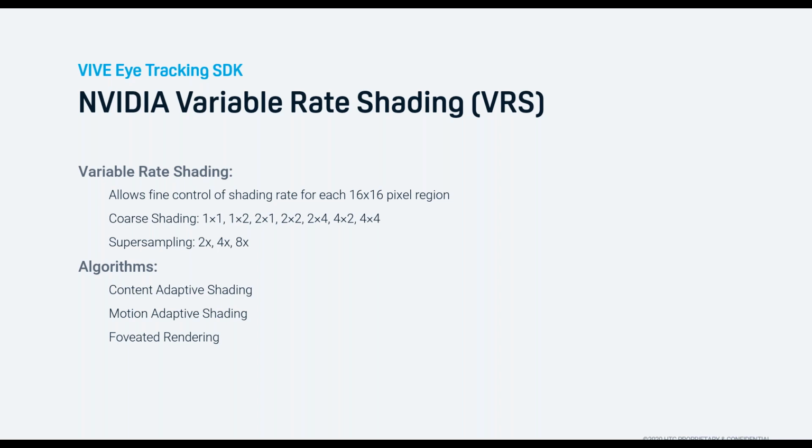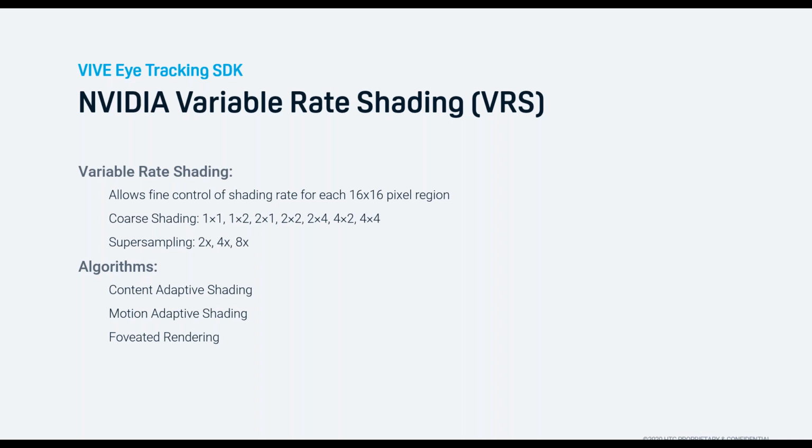1:1 is the normal shading rate. 2:2 is 1/4 shading rate, where 1 pixel is spread out over 4 pixels, and that increases, etc. There are 3 main algorithms that you can use right now with variable rate shading. One is content adaptive shading, which reduces the shading rate in regions that are slowly changing in color.